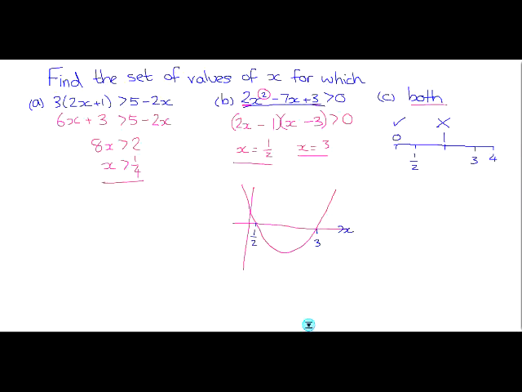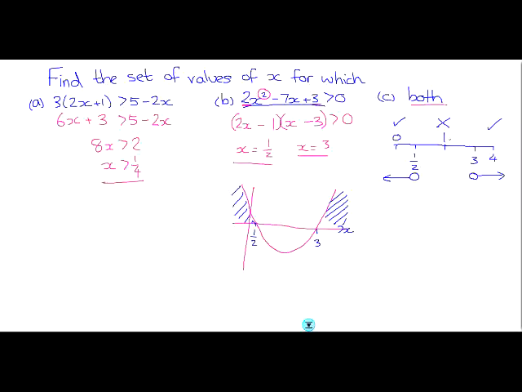Take away 28, so that's 4. Plus 3 is 7. 7 is bigger than 0, so that works as well. So if I was shading, it has to be more than there, and in this direction it has to be less. So there you have your answer.